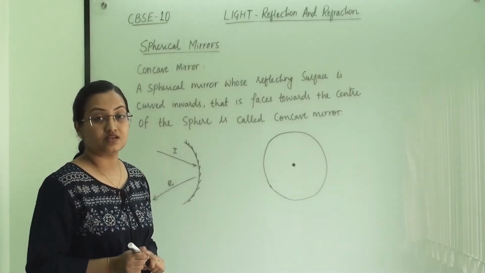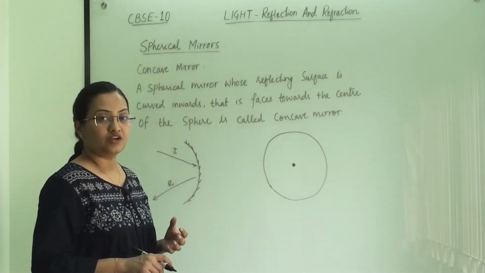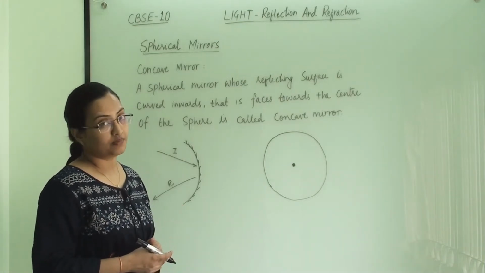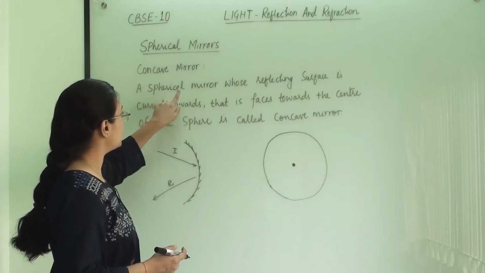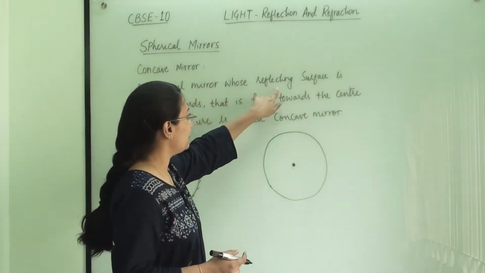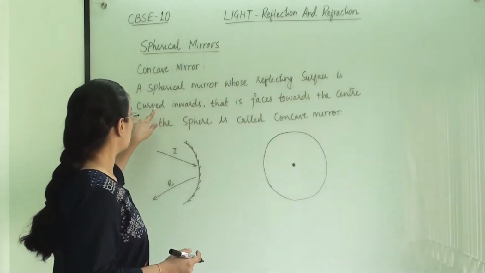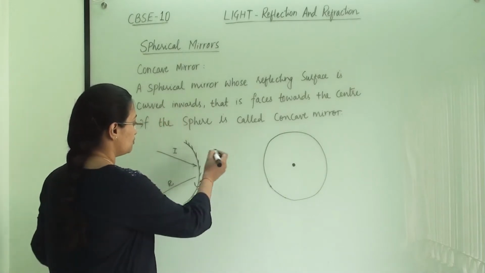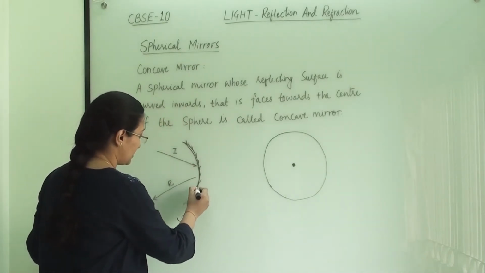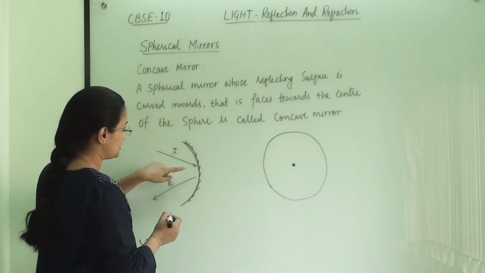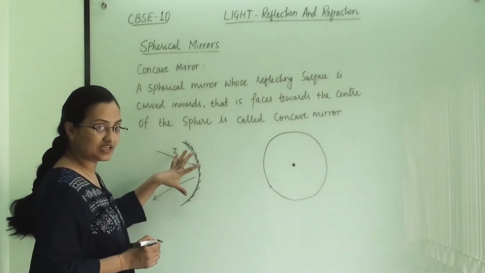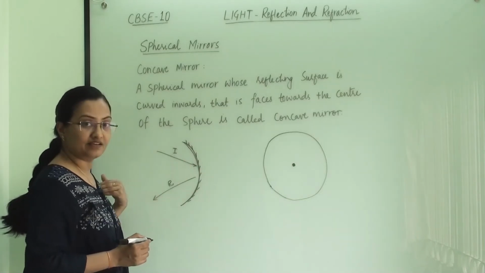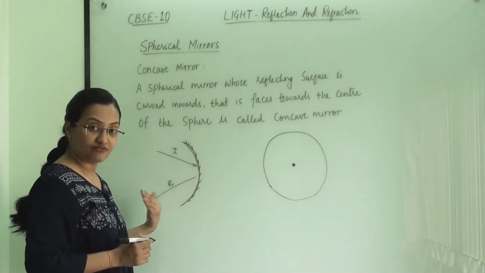Let us first understand what a concave mirror is and from which part of the sphere we make it. The definition of a concave mirror is a spherical mirror whose reflecting surface is curved inward. This is the reflecting surface where the incident rays fall, and the rays going back are the reflected rays.